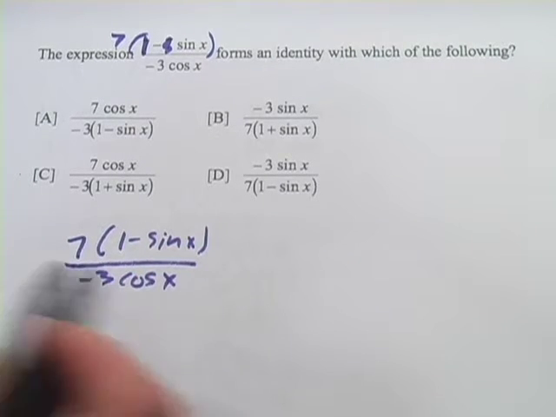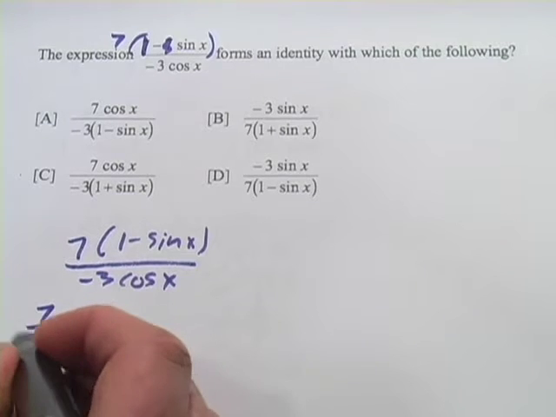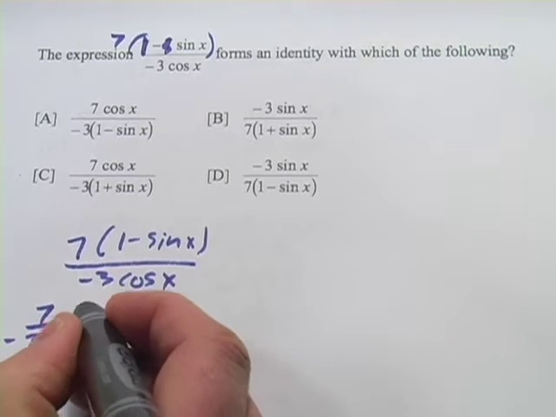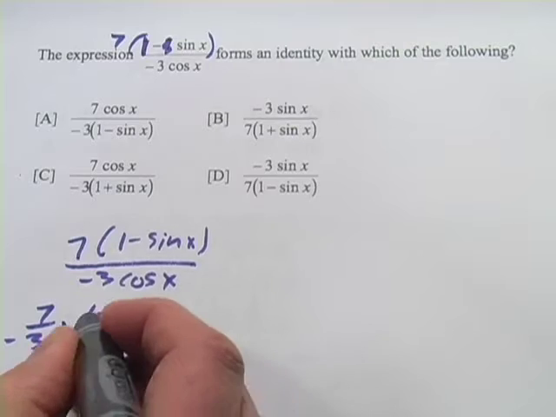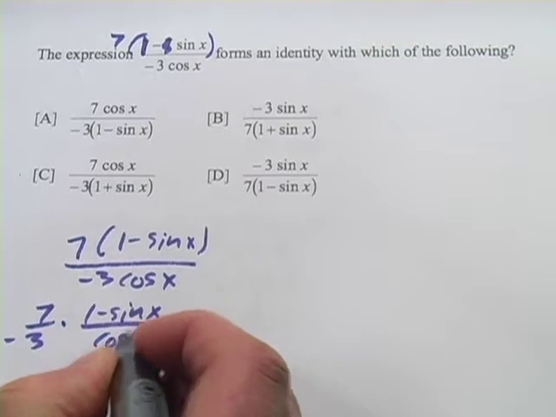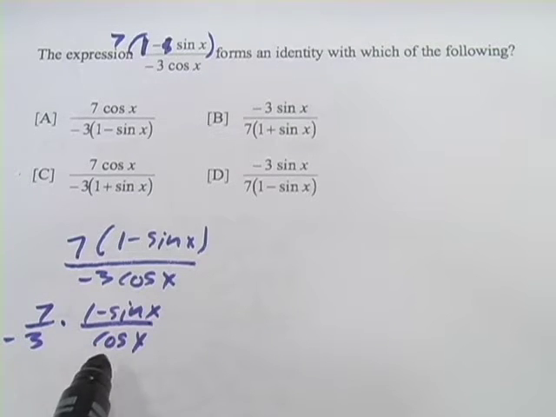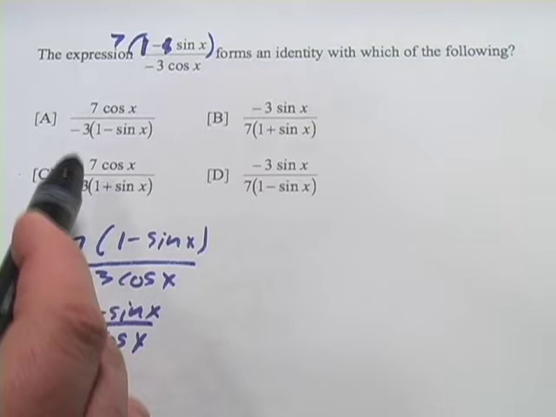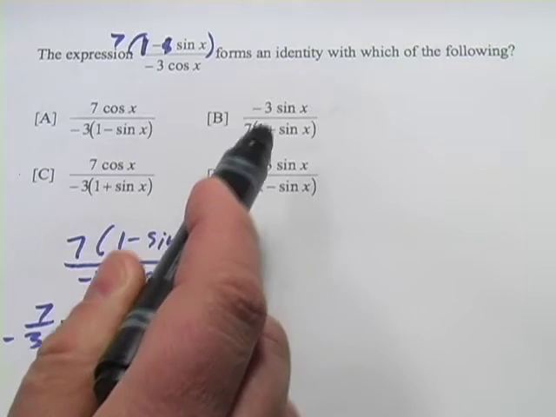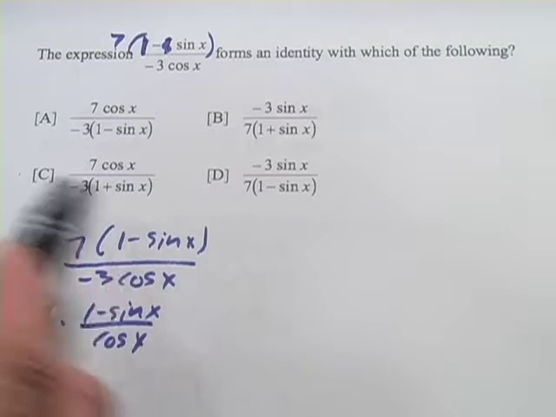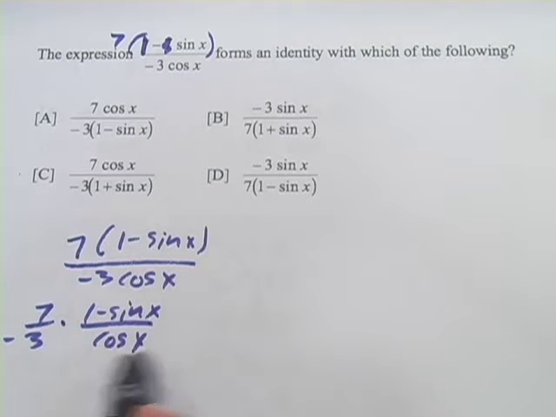For the time being, I'm going to think of this as negative 7 thirds times 1 minus sine x over cosine x. I'm just going to work on this chunk right here and put the 7 thirds back in. You can see in the answer choices that the 7 thirds looks like 3/7 in some cases, but in some form these numbers come back. But let's work on this and see what we can do.